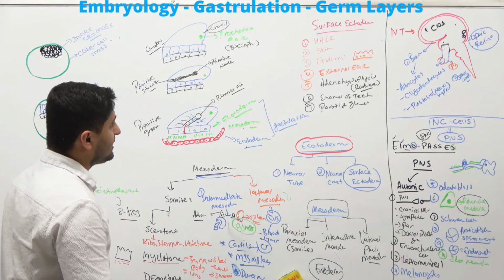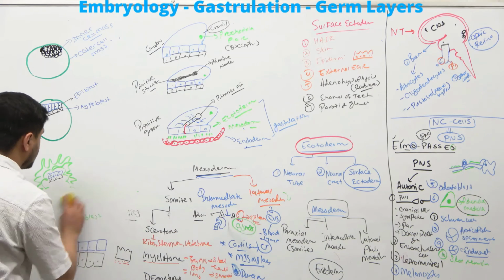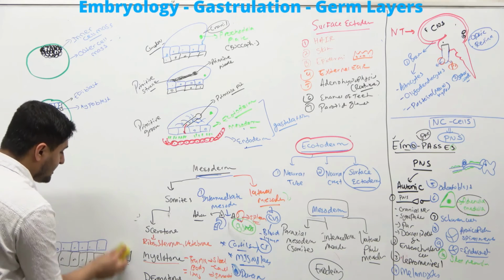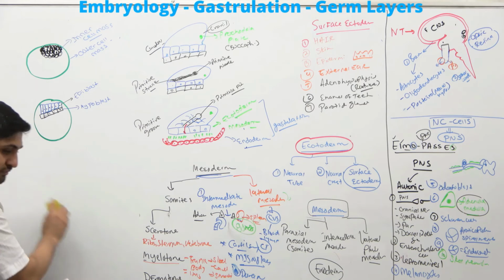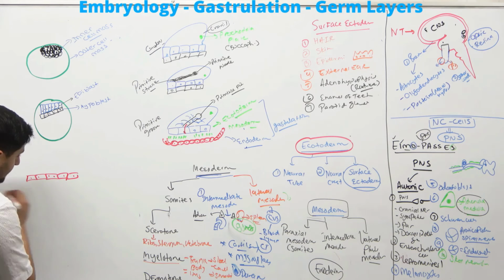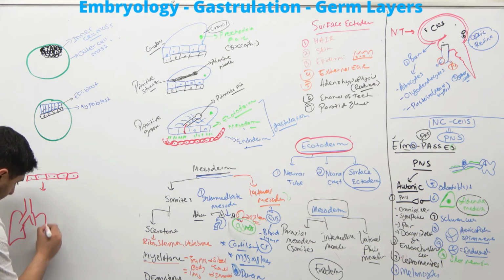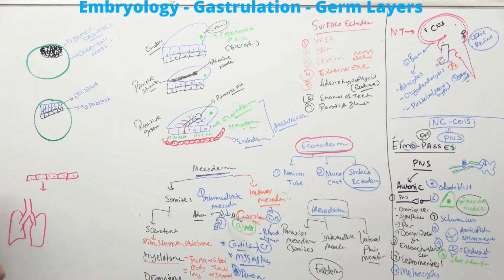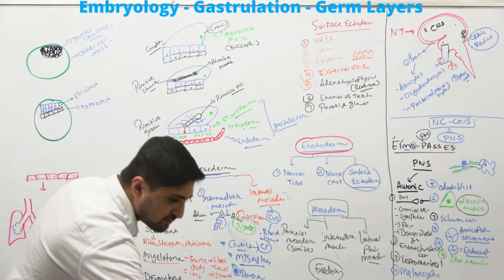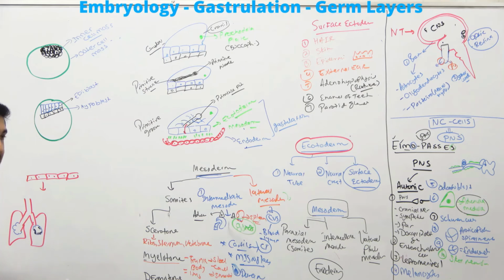Now we're going to talk about the last one, the endoderm layer. Remember, endoderm gives rise to the lining of the epithelium of the internal organs, if you want to remember it that way. This endoderm layer gives rise to important organs. Look at the cells down here: type 1 and type 2 pneumocytes in the alveoli.